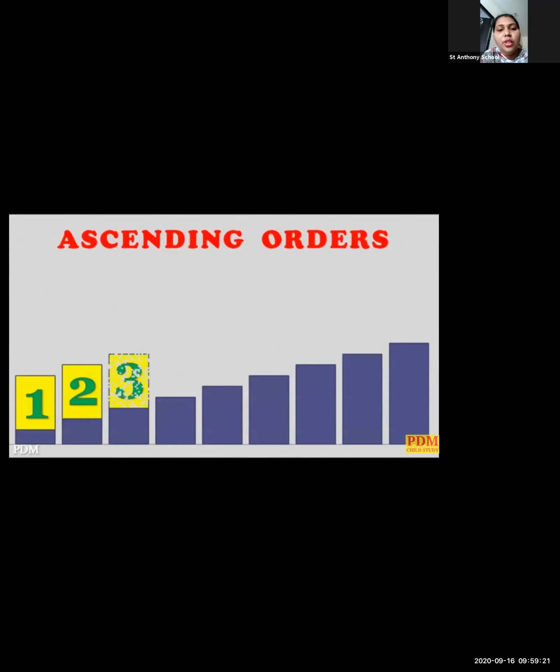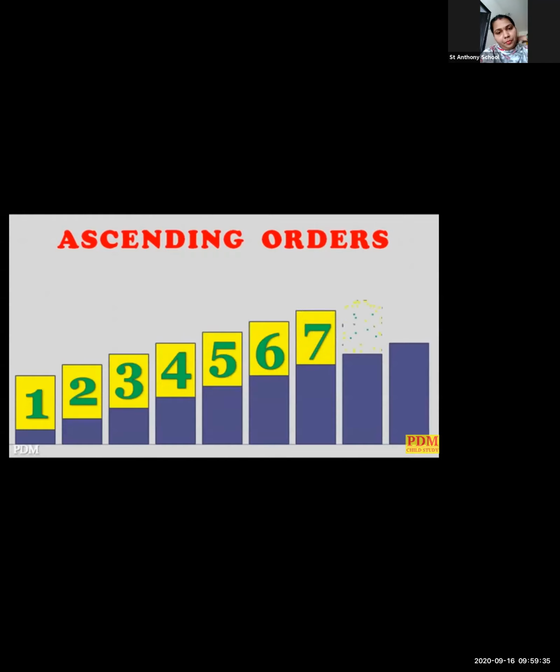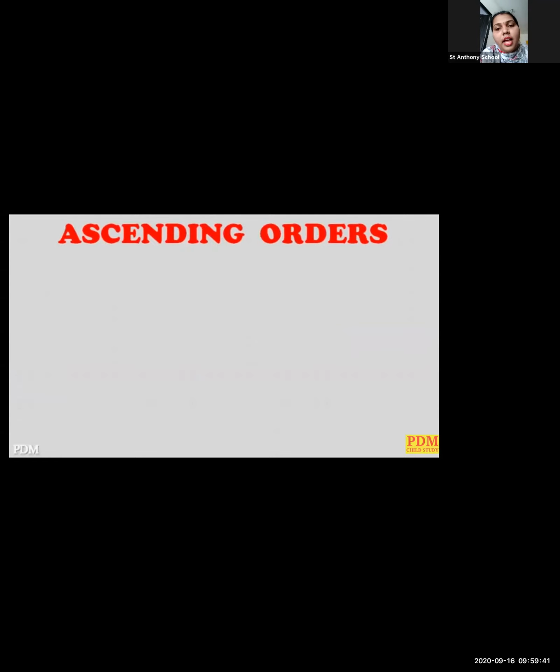It's 1, 2, 3, 4. One number is increasing each time. That means it starts from small to bigger number. 1 to 9. 1 is a smaller number and 9 is a bigger number.